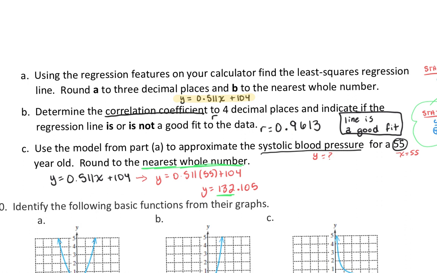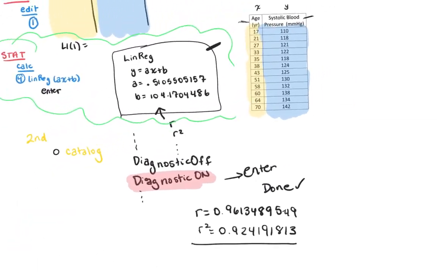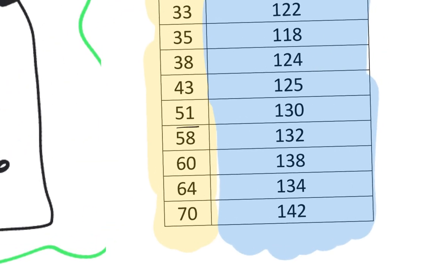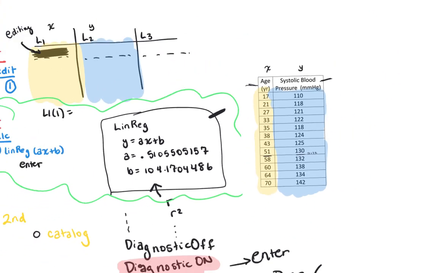So this means that according to the model, the systolic blood pressure for a 55-year-old should be 132. So all that means is that a 55-year-old should be roughly 132, which seems like it makes sense for our graph, or for our function.